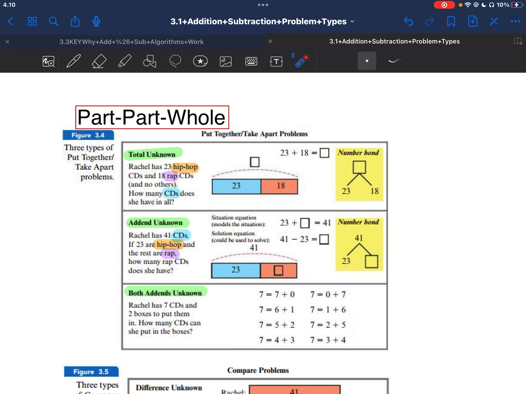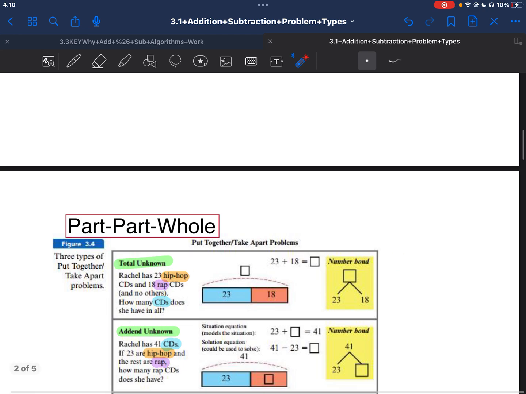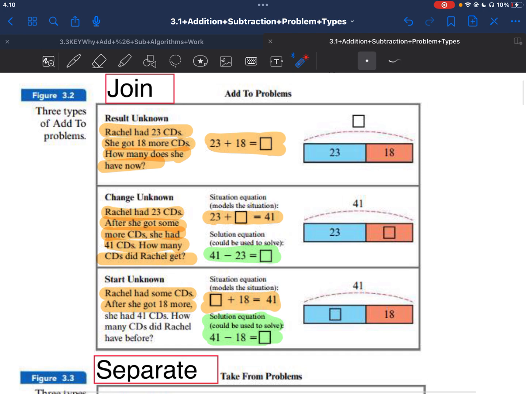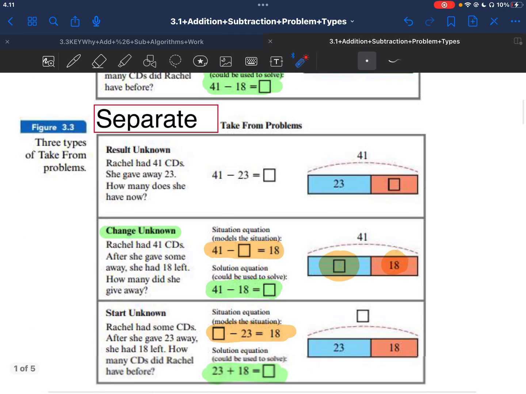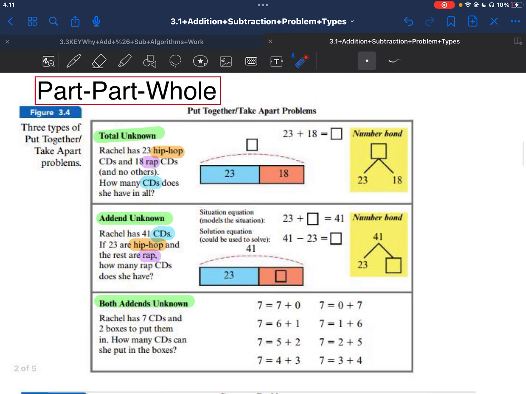Okay? And at the same time, the add-in unknown in part whole is similar to the change unknown in join, right? Again, what's the difference? The units. In join change unknown, we have 23 CDs added with some CDs, and you get 41 CDs in total. But in the part whole add-in unknown, we have this bigger group of CDs with hip hop and rap categories.